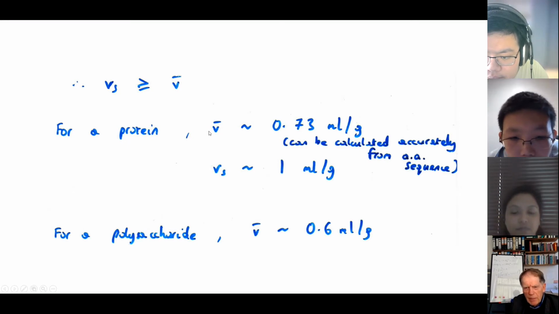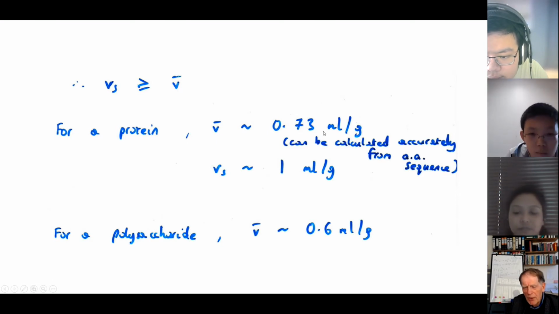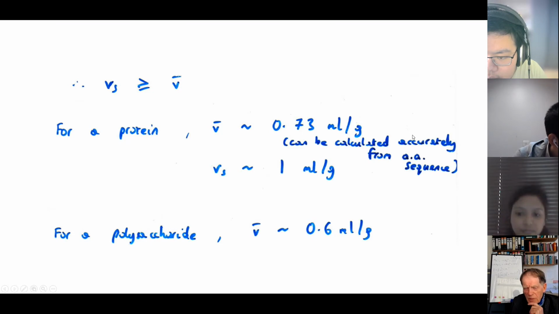So for a protein, the partial specific volume is about 0.73 mils per gram. Again, it'll depend on the amino acid composition, and when we come to do the demonstrations in 2 weeks' time, we'll be calculating the partial specific volume using a computer program designed to work it out from the amino acid composition.